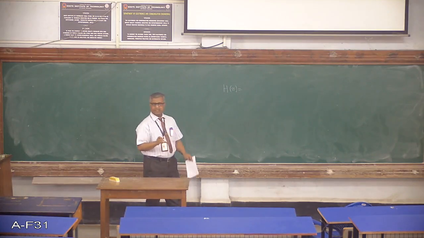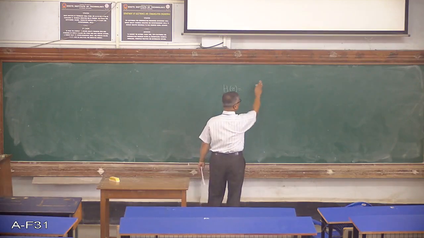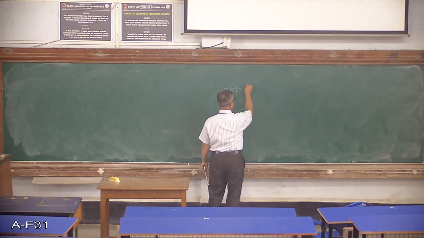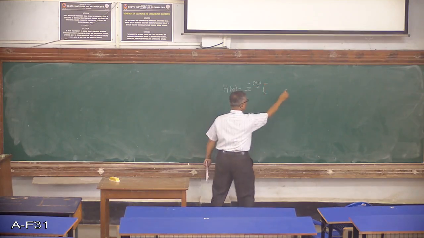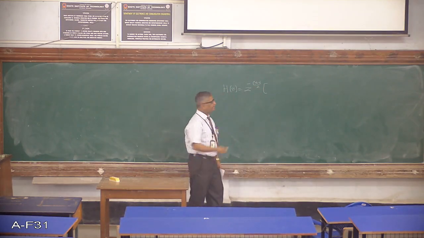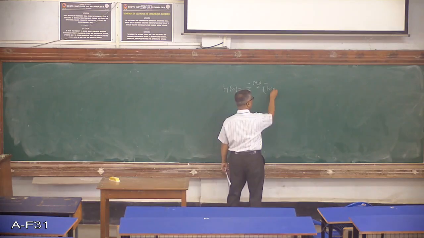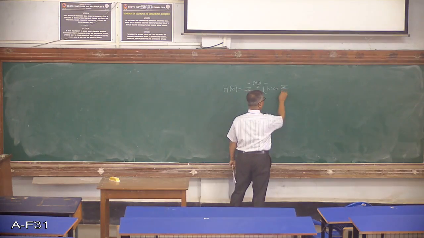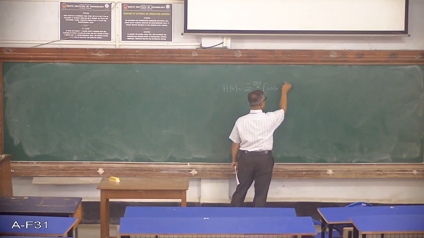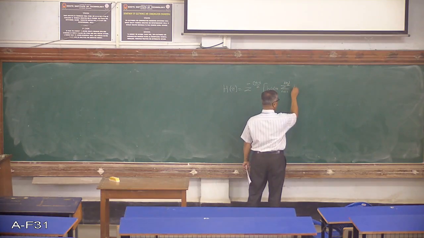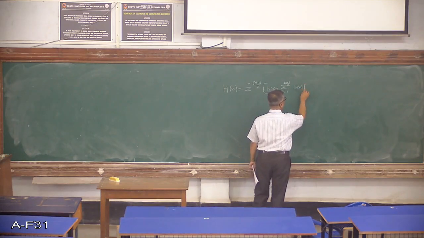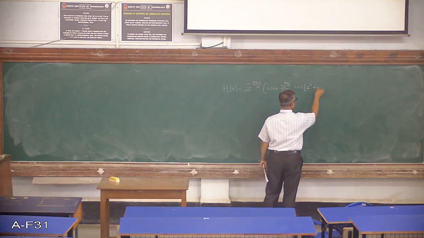That is, you have to shift the Z transform by Z raised to minus (N minus 1) by 2, and inside is the Z transform, which is h of 0 plus the sum for n equal to 1 to (N minus 1) by 2 of h of n into bracket Z raised to n plus Z raised to minus n.